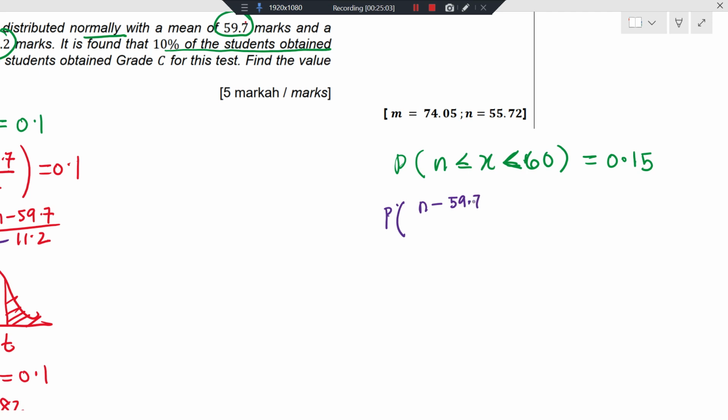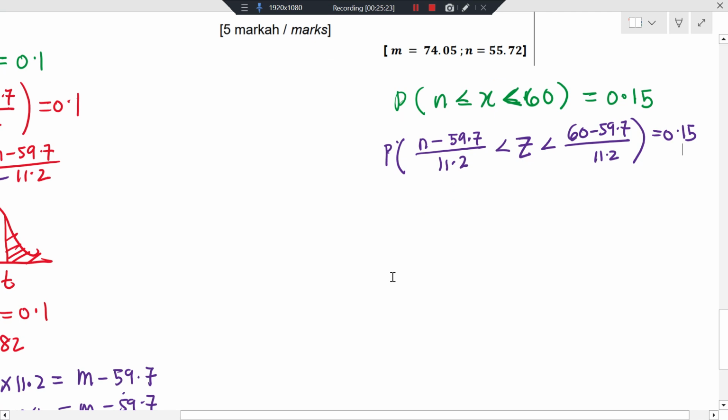If we convert to z score first, this is 11.2. It becomes z now: 60 minus 59.7 over 11.2 is equal to 0.15. Okay, no problem.